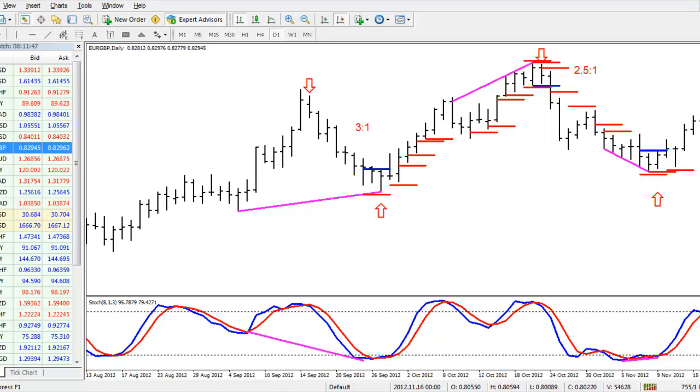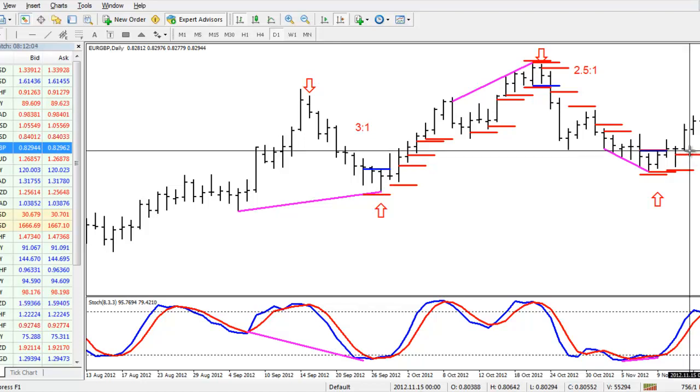And now we have 1, 2, 3. The lowest low of these 3 bars means our stop loss gets moved 8 pips underneath here. Bring it down very slightly. We can see 7 pips, 8 pips underneath there.